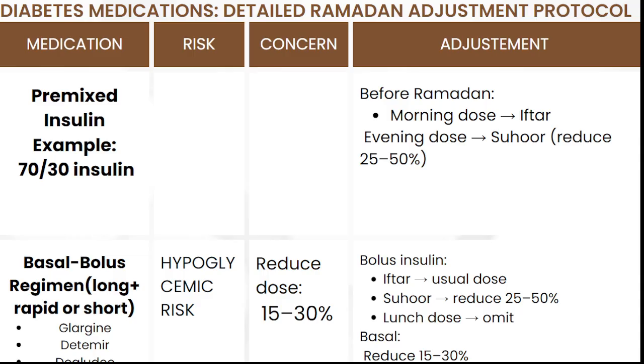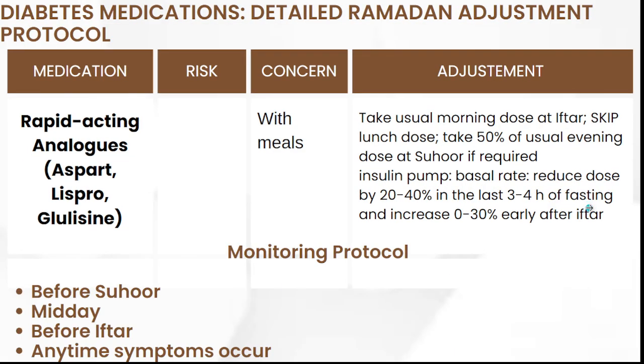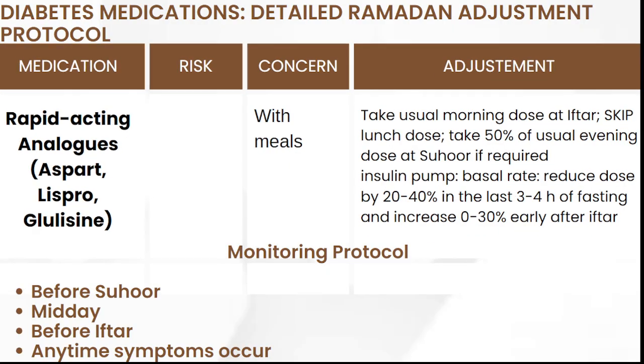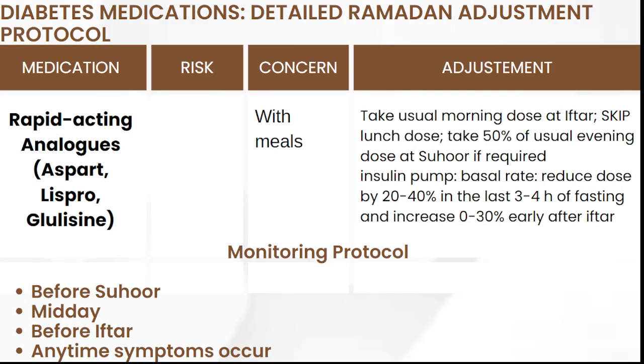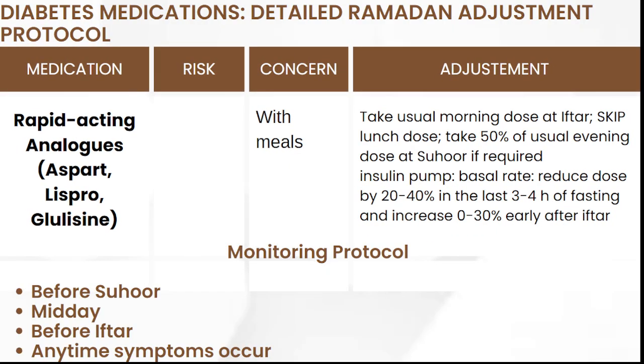And the lunch dose, if he is taking it TID on normal days before Ramadan, I will omit this lunch dose, I will skip it. And the basal I will reduce as we said. Rapid-acting analogs like aspart, lispro or glulisine, I will take with meals like iftar and suhoor, the usual dose as we said, and skip the lunch dose, and the evening dose I will adjust by 25 to 50%.